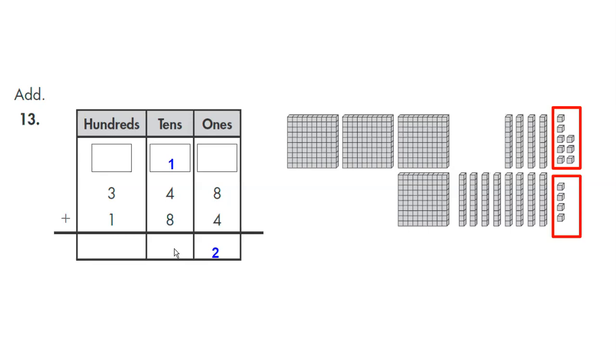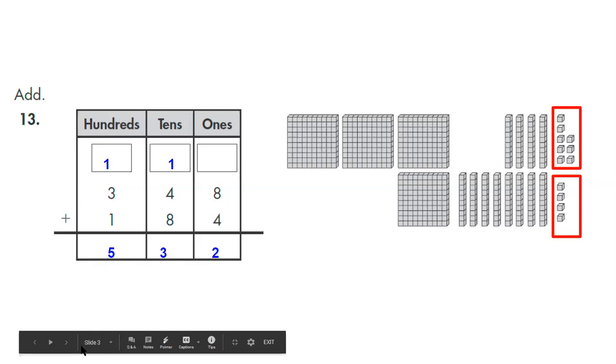If I have the number 13 tens, that's 130. So there's 3 tens and then one group of 100. Okay, so let's add the hundreds now. 100 plus 300 plus 100 equals 500.